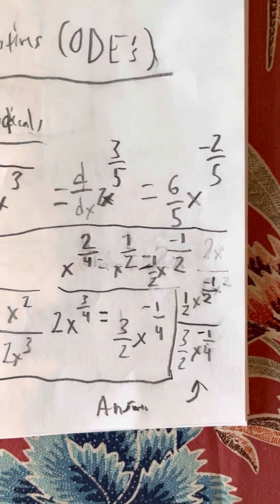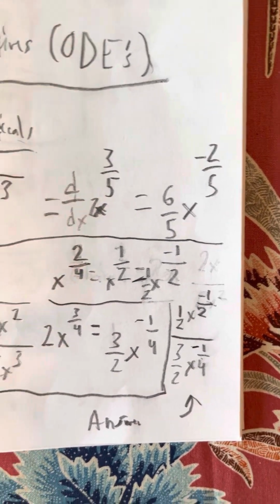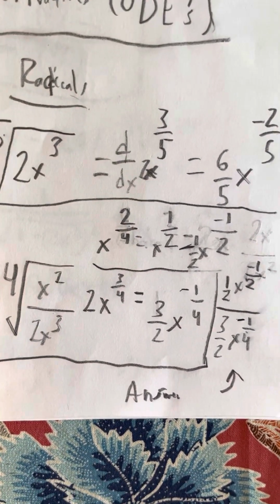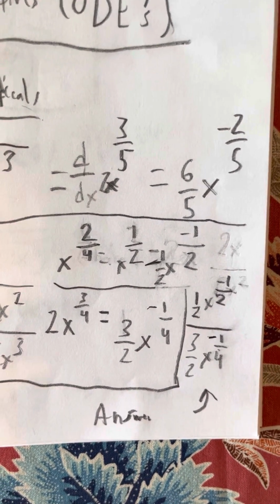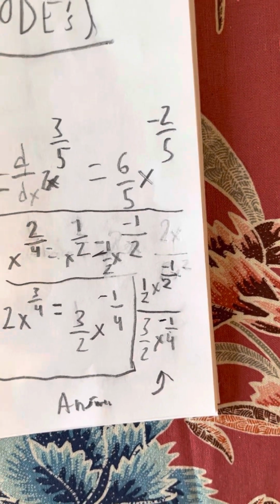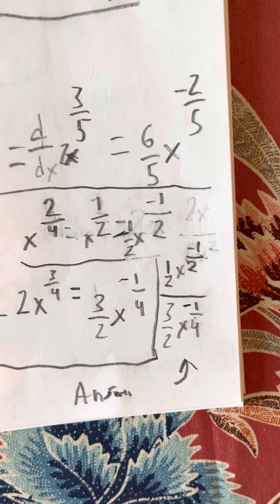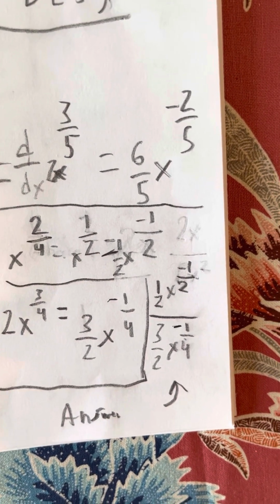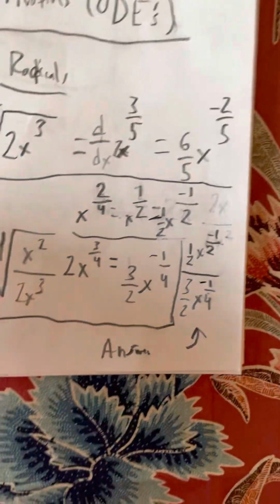You have x to the 2/4, which reduces to x to the 1/2, half x to the negative 1/2, over 2x to the 3/4, that reduces to 3/2 over negative 1/4. So half x to the negative 1/2 over 3/2 x to the negative 1/4. There you have it.